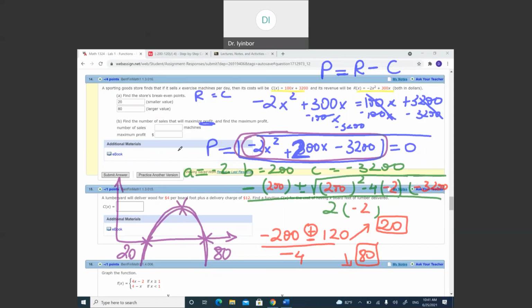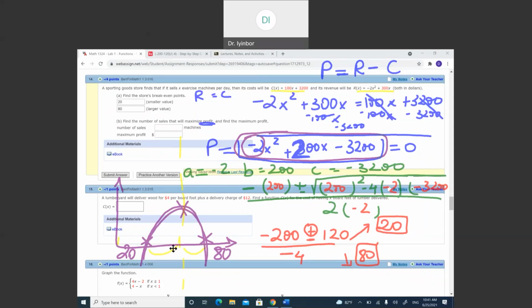It's a symmetrical graph, which means if I have a line going through here, sorry, I moved that. So if you have a parabola, the axis of symmetry goes through the vertex, which means the vertex is exactly in the middle between 20 and 80. So do you know how to find the middle point here?